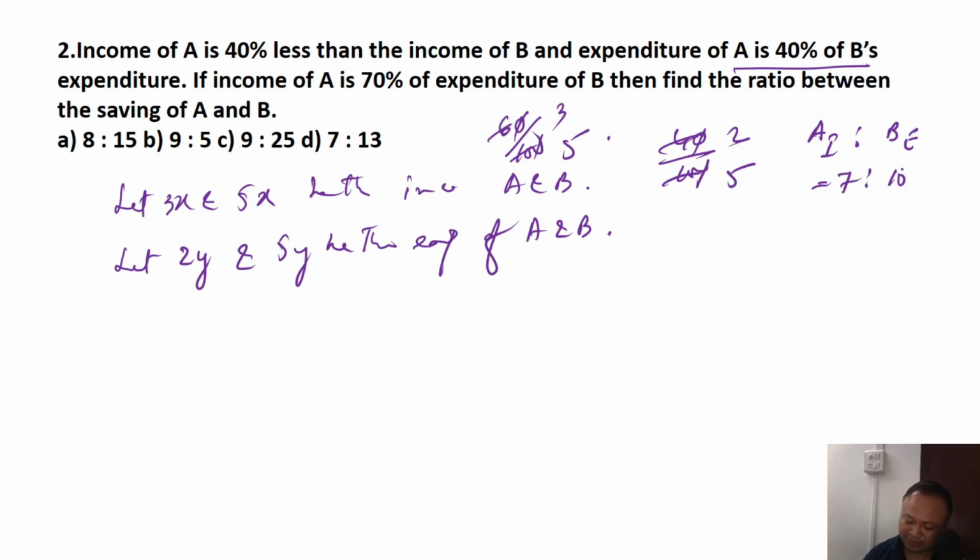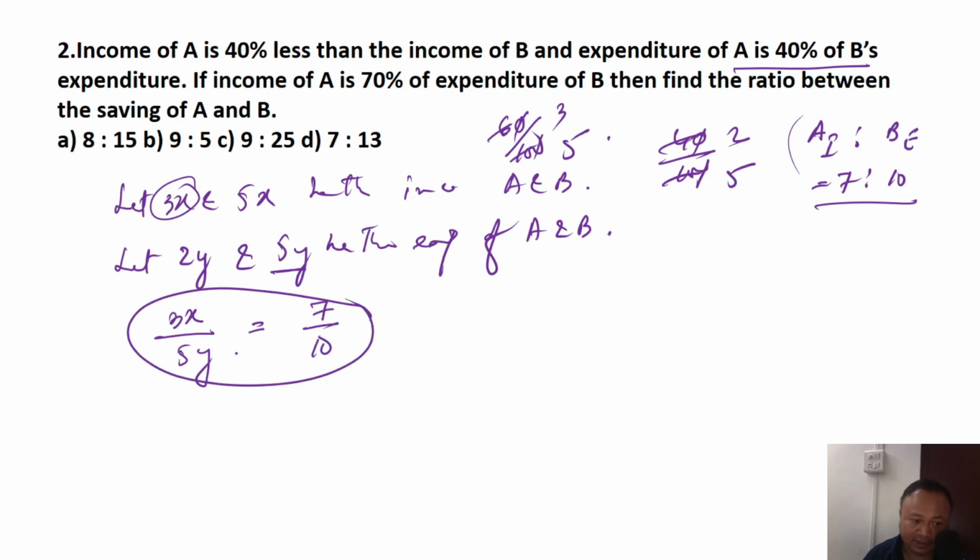Find the ratio between saving of A and B. The ratio is the same. A's income is 2x divided by the expenditure 5y equal to 7 by 10, so you can find out the value of the x y ratio.